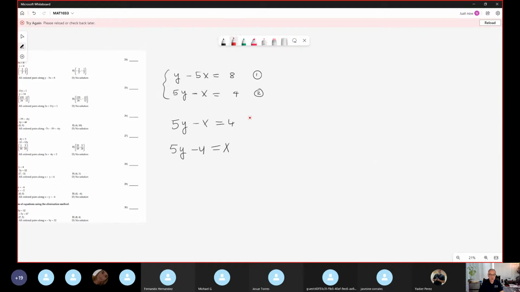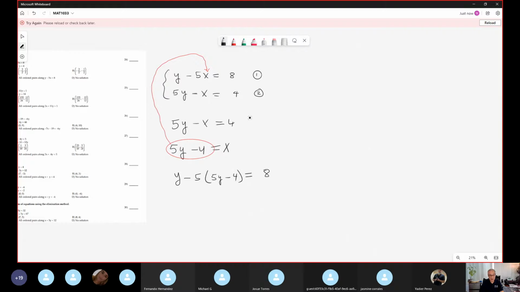But now use substitution, not in the same equation, but in the other equation. So in the other equation it is y minus 5 times (5y minus 4) equal 8. I substituted in the same equation exactly, I don't know why. I did it because I suppose you always do substitution in the second.